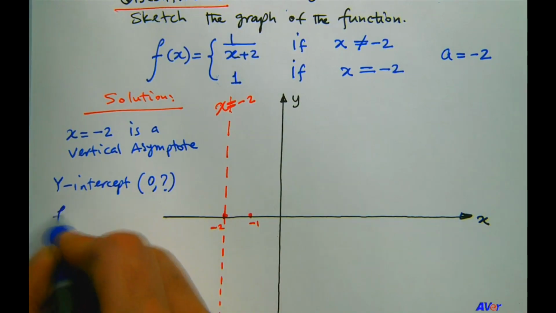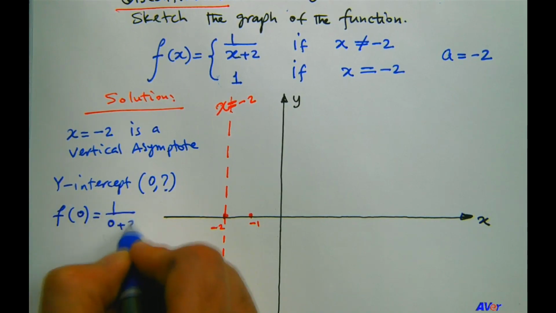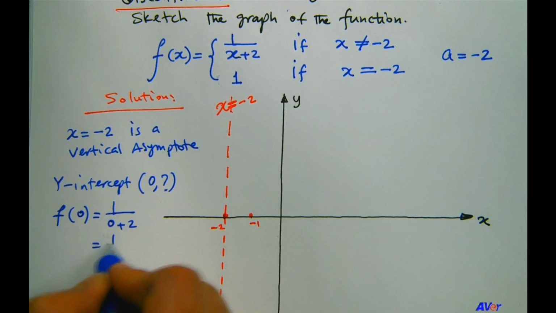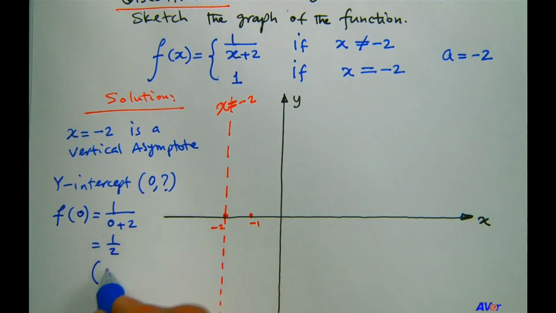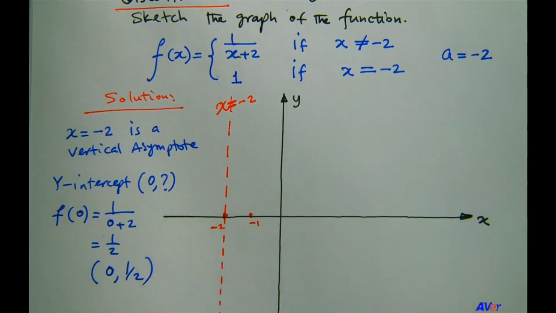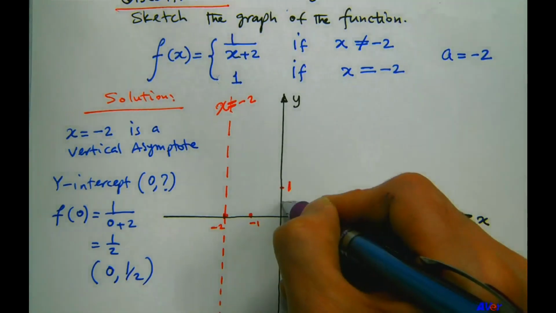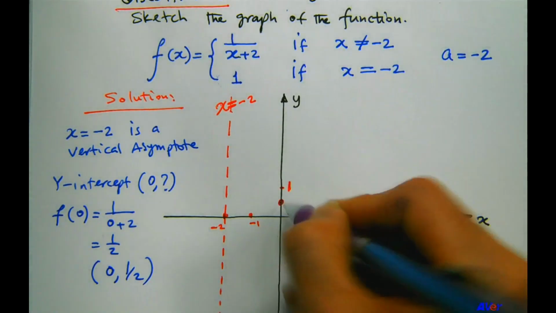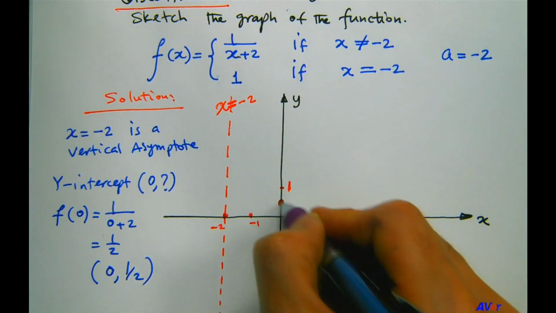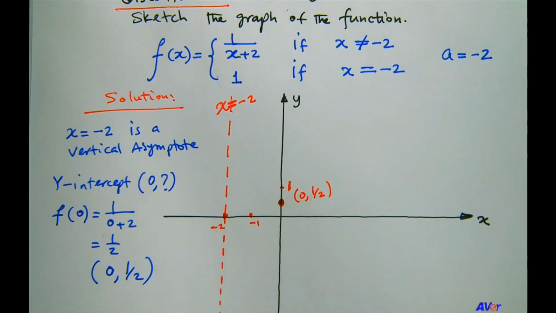So the function at 0 would be equal to 1 over 0 plus 2, or 1 over 2, which means we have a y-intercept at 0 comma 1/2, right? So if this is positive 1, then 1/2 would be here. Okay, right there. So that would be 0 comma 1/2.